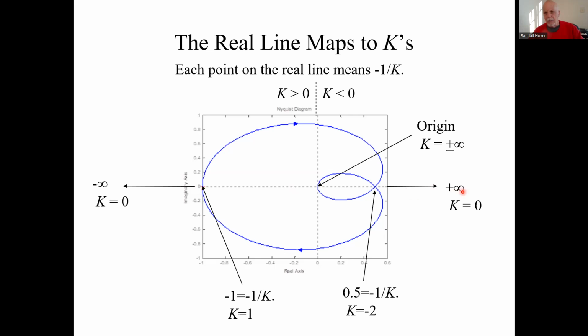To the right, it's somewhere between 0 and -2. And between this point and the origin, it's somewhere between -2 and -infinity. Similarly over here, out here to the left, k is between 0 and 1. And in here, k is between 1 and positive infinity.